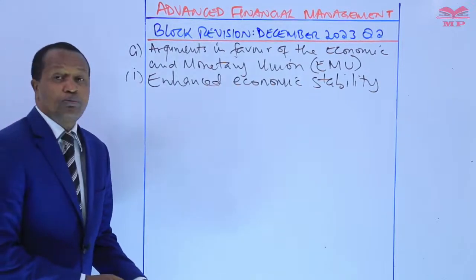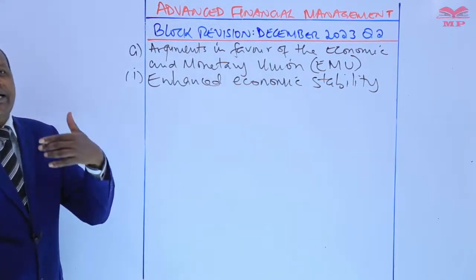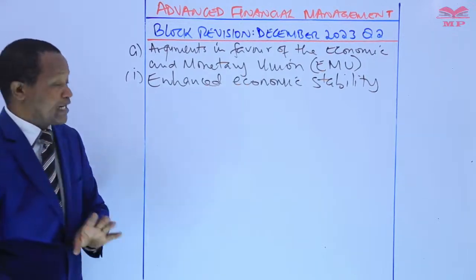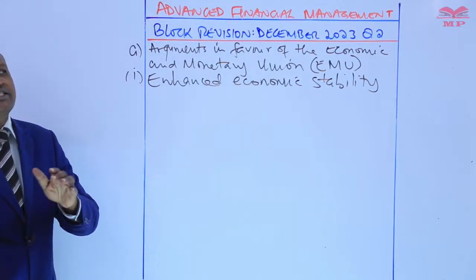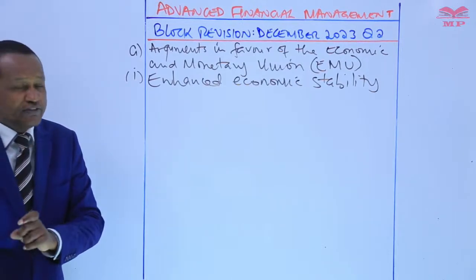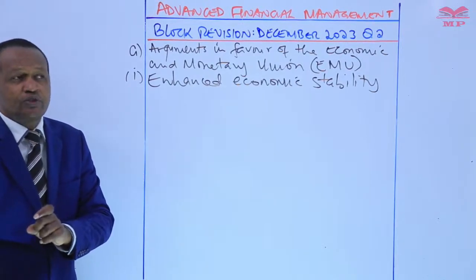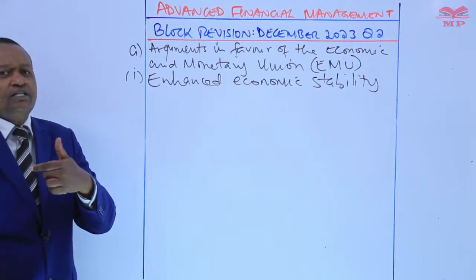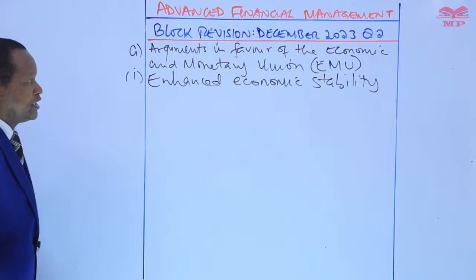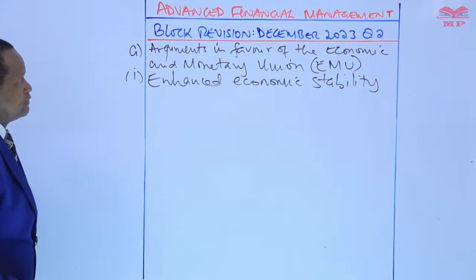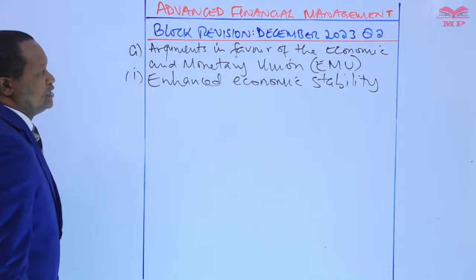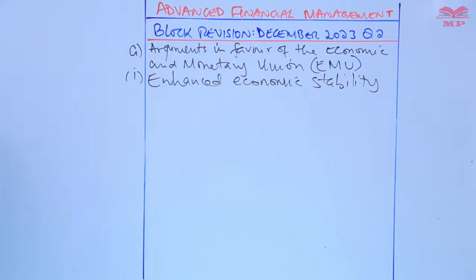EMU has promoted stability by eliminating currency exchange rate fluctuations among the member countries, and that stability reduces uncertainty for businesses and investors, thereby fostering confidence and encouraging long-term investment and economic growth. So EMU has led to enhanced economic stability in Europe.